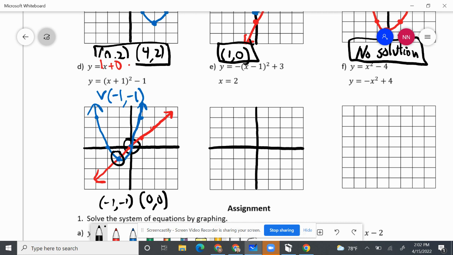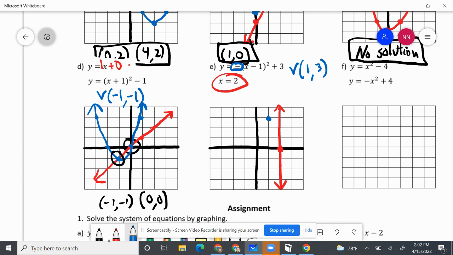Here we have another one. Well, let's actually start with the linear. So x equals 2. It's not a y, so we go along the x-axis at 2, and we draw a vertical line. And then for the second one, we see that the vertex would be 1, 3. This one's a little bit different because when we plot 1, 3, we notice that it goes down.